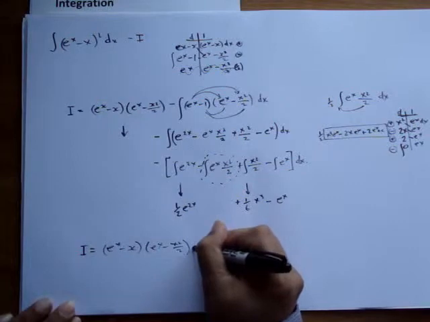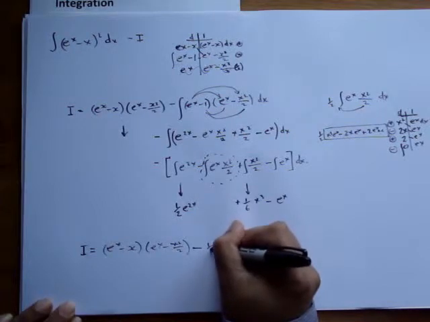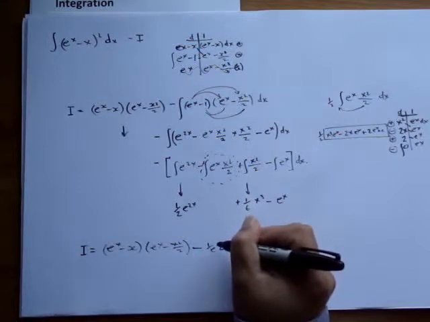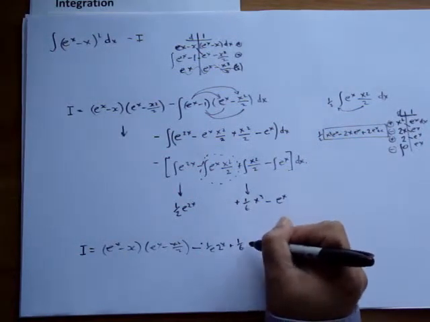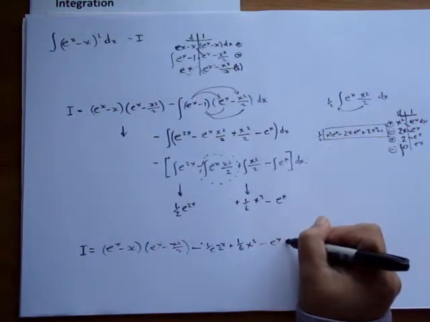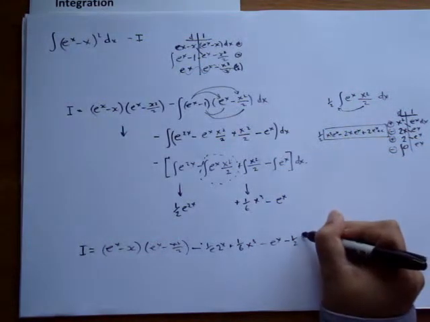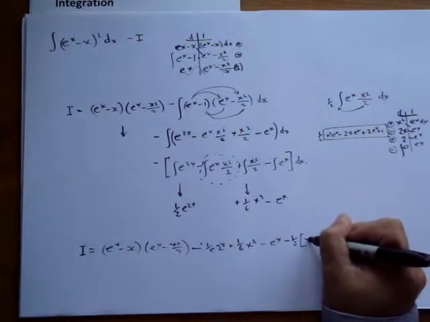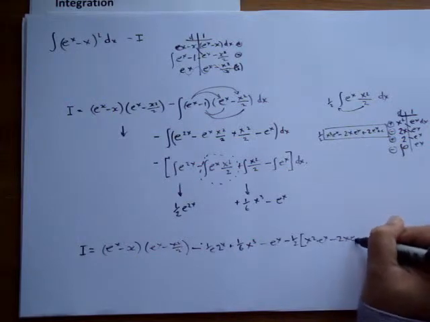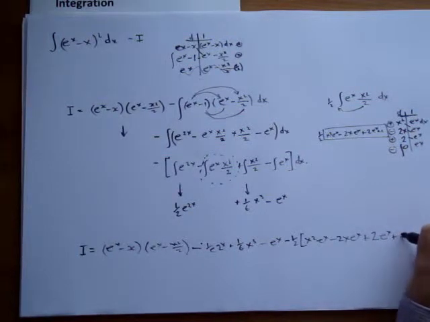Now we put this in, so this is minus a half e to the x, 1/6 x to the power 3 minus e^x, and minus a half, and then what we had here, x squared e^x minus 2x e^x plus 2e to the x plus c.